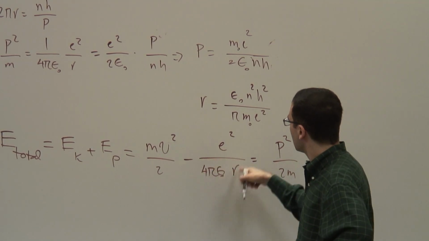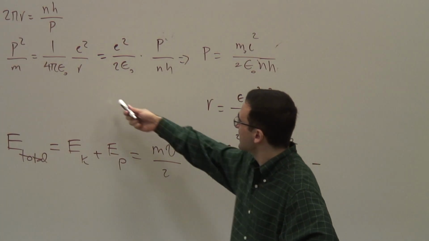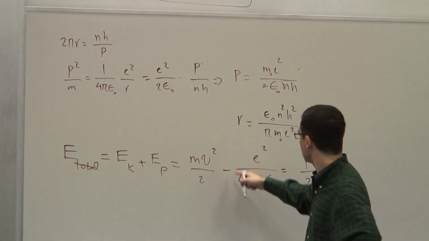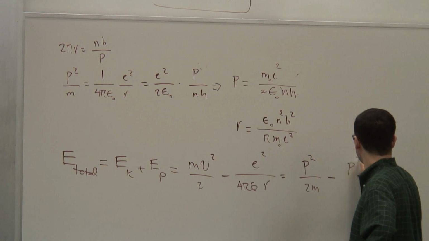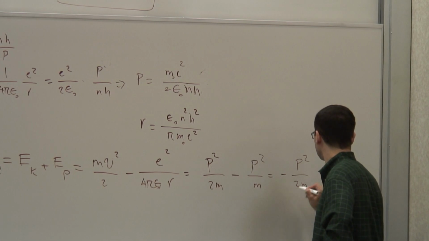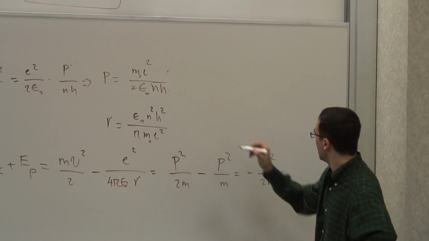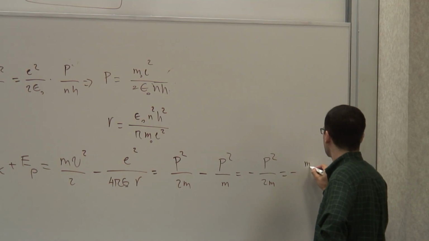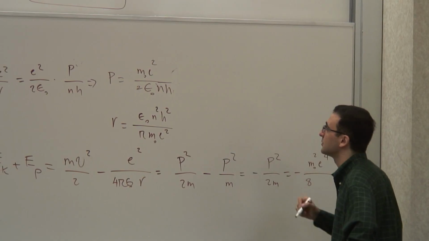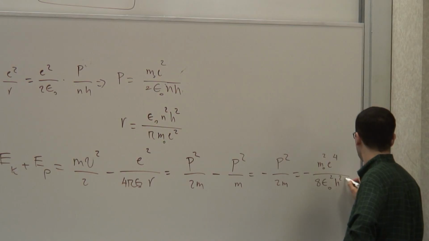Now, how about this one? This looks awfully similar to that, right? So it's minus p squared over m. So the total energy is minus p squared over 2m. Which I can rewrite as, since I know what p is, I get minus m squared e to the 4th divided by, this is the 8 we're talking about, epsilon squared, h squared, n squared.